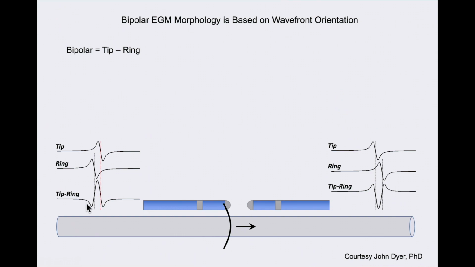So now the bipolar electrogram will have kind of a W shape. And you could imagine that as we rotate the catheter around, we're going to get every possible combination between these two shapes, between the W shape and the M shape. So there is no single shape that's characteristic of a bipolar electrogram. It depends on the orientation of the wavefront relative to the electrodes.